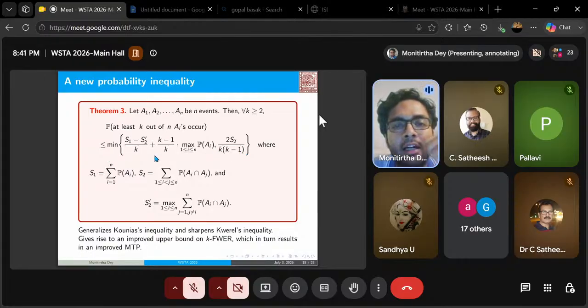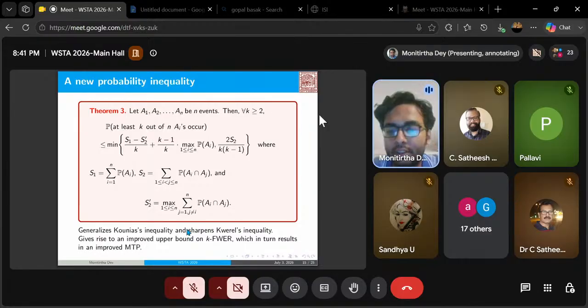And this quantity is a function of the sum of individual probabilities, the sum of pairwise intersection probabilities, and the maximum of those sums of pairwise intersection probabilities. So this generalizes some existing results in the theory of probability inequalities, but this gives rise to an improved upper bound, which in turn results in an improved multiple testing procedure.